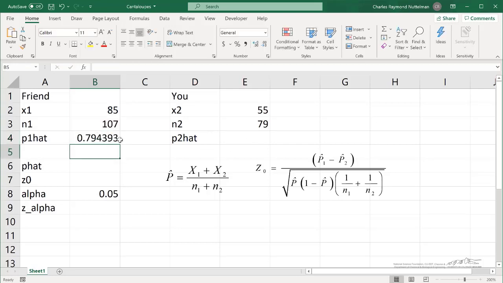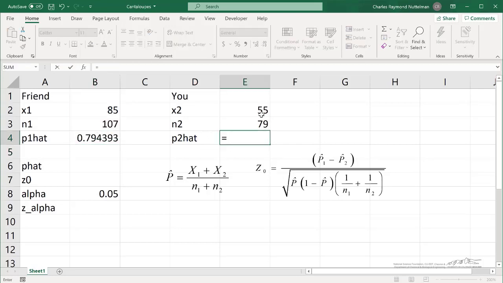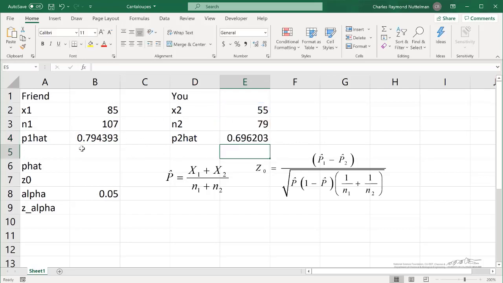We can do the same thing for your sample data, x2 divided by n2. Based upon the observations, this would be an upper-tailed test. We would say that sample 1, your friend, has a greater probability of success than sample 2, or you. So this is going to be an upper-tailed test for our alternate hypothesis.